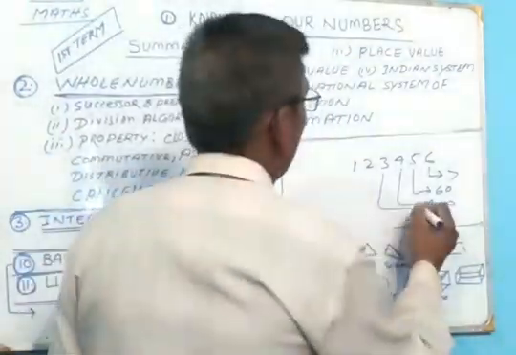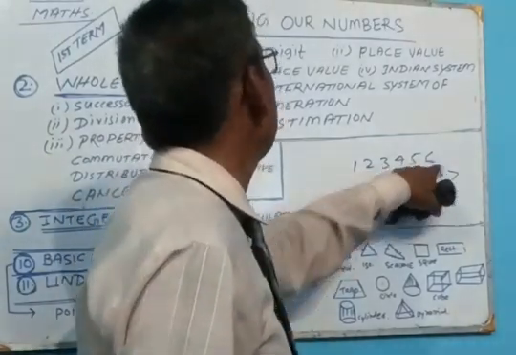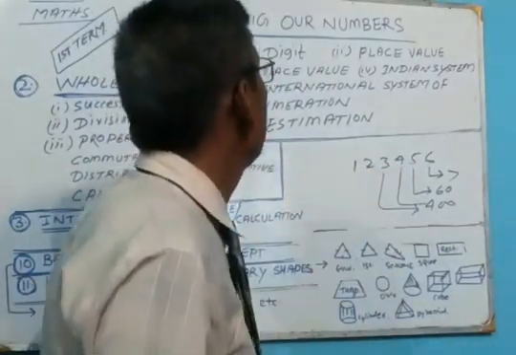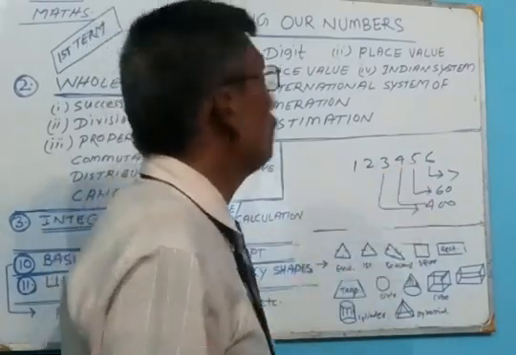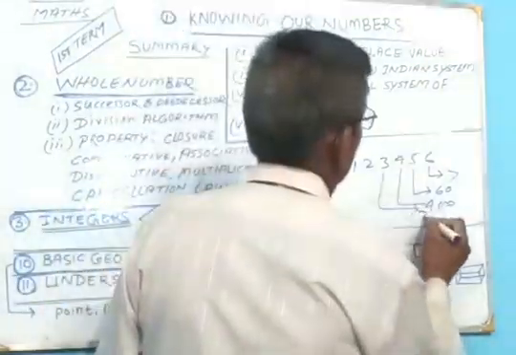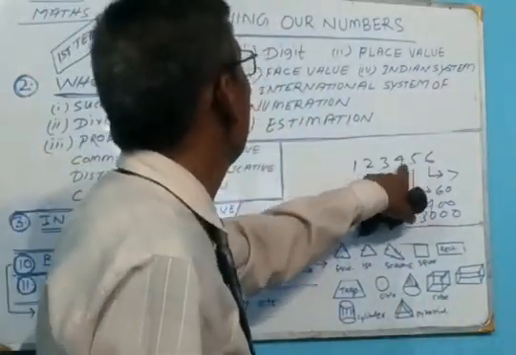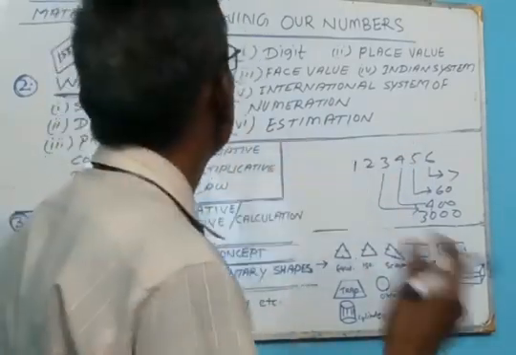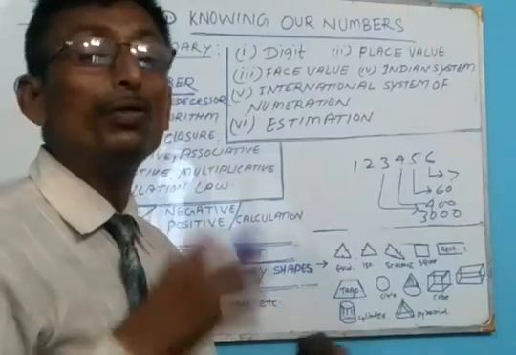Now 3,456 is less than 3,500, so we count it as 3000, because its value is less than 500. So like this we estimate any number. It is the nearest rounding.